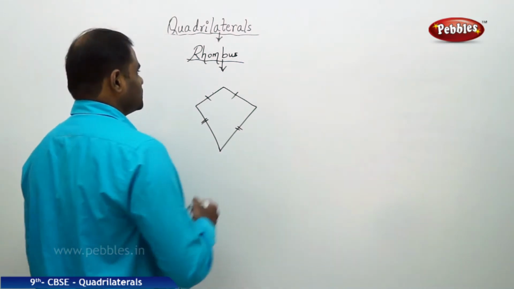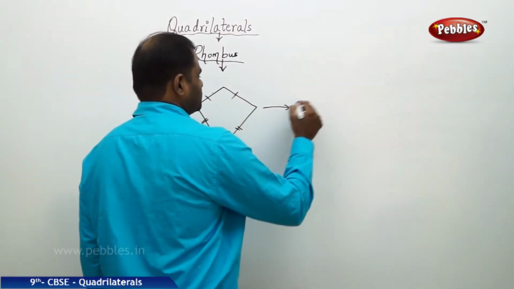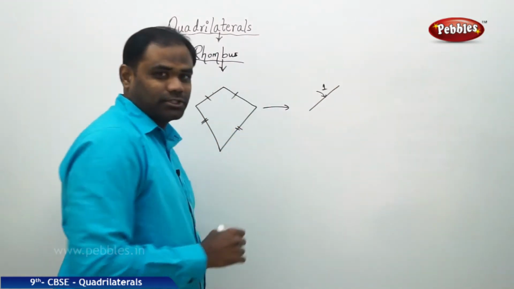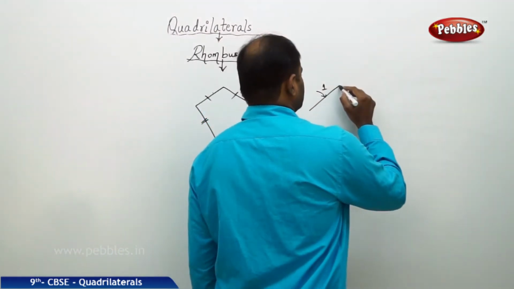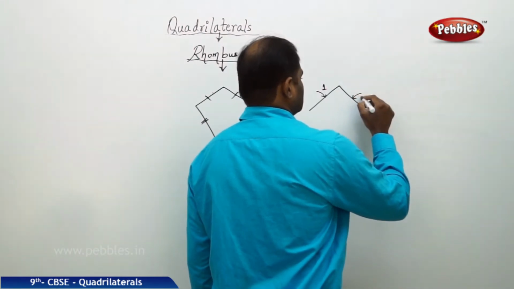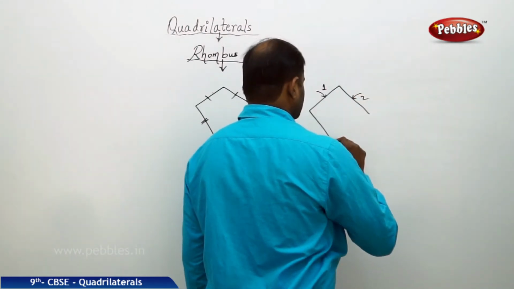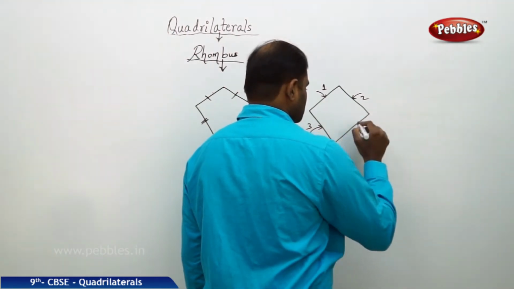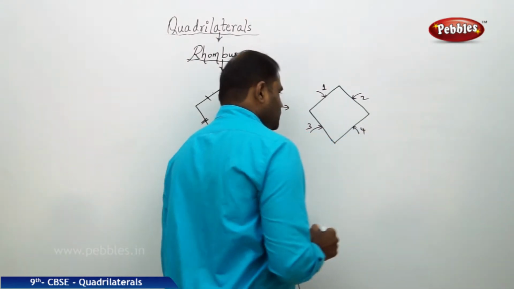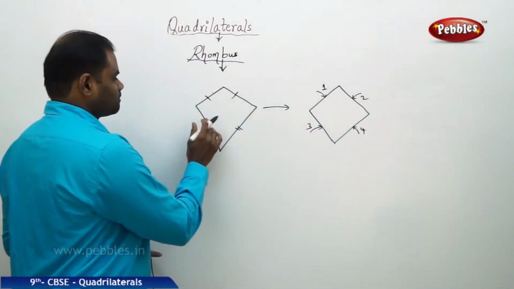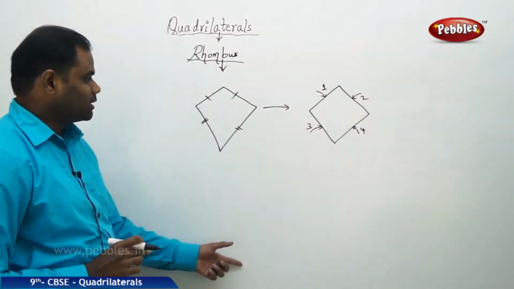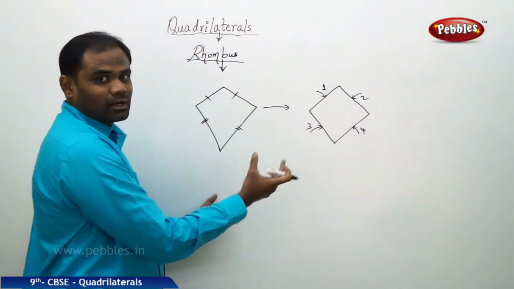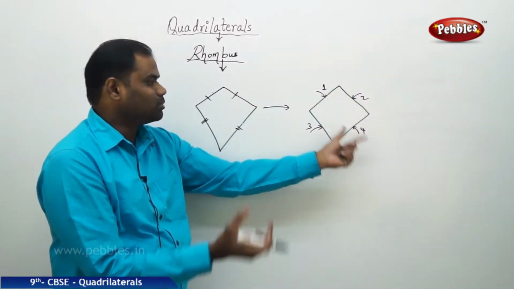That is, if I have the line 1 to which there's another line 2 which is joined, and there's another line 3 and there's another line 4. That is, in a kite, this line is removed and a line of equal length is placed here, and this line is removed and there's an equal line of this length put out here.